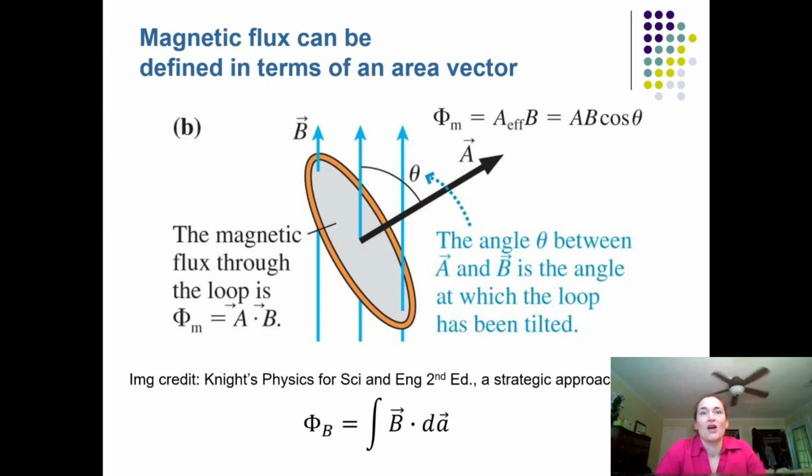Okay? All right, now if your magnetic field isn't constant over your loop, or if you have a funny shaped area and you can't just write out straight the area, then you can calculate the magnetic flux by doing the integral of B dot dA, okay?